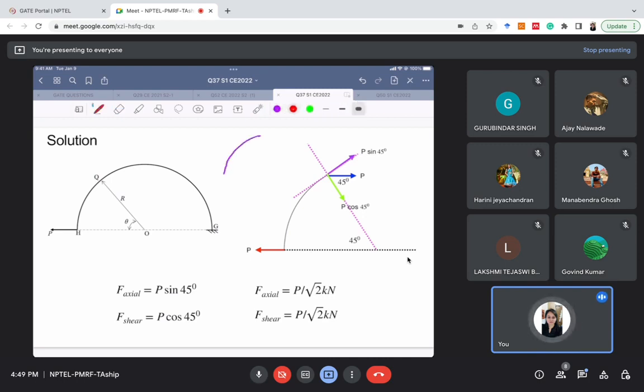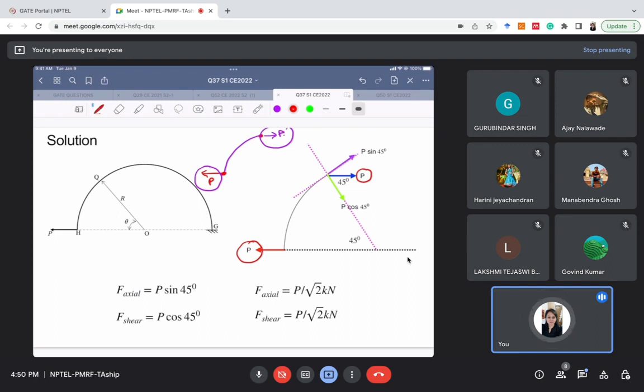Now this is given to us as P. If this is P, then in order to satisfy the horizontal equilibrium, what would be this force here? This force will also be P and in opposite direction. I hope you agree, right? If this force is given as P, so this force should also be P in horizontal direction. That is what I have drawn here. So I have drawn this force P, so this force should also be P.